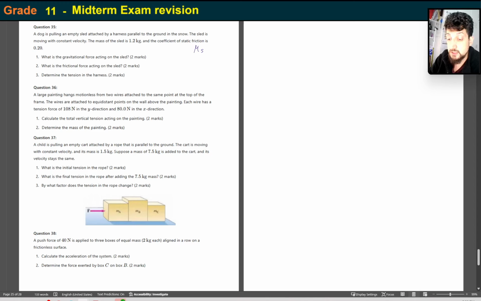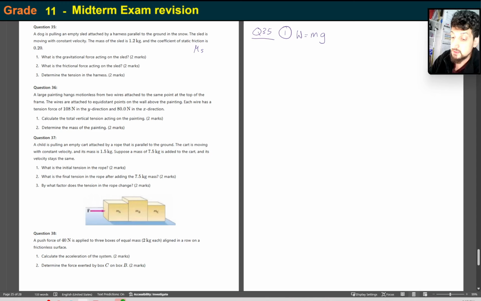What is the gravitational force acting on the sled? So when they're asking for gravitational force, really what they're asking for is the weight. So because it's a force, right? They're asking for gravitational force, and gravitational force is equivalent to weight, Newton's force. So that's what they're looking for. So question one, what is the gravitational force acting on the sled? Well, hopefully you remember that the force is equal to mass times acceleration, and the weight is equal to mass times gravity, right?